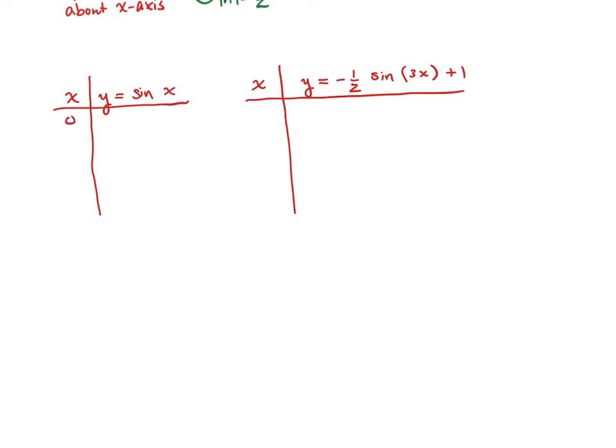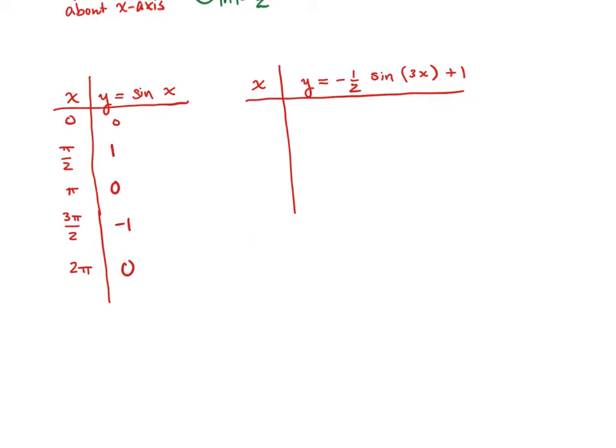So we have 0, pi over 2, pi, 3 pi over 2, and 2 pi. 0. And then with our original sine function, we go up, and then back, and down, and back.